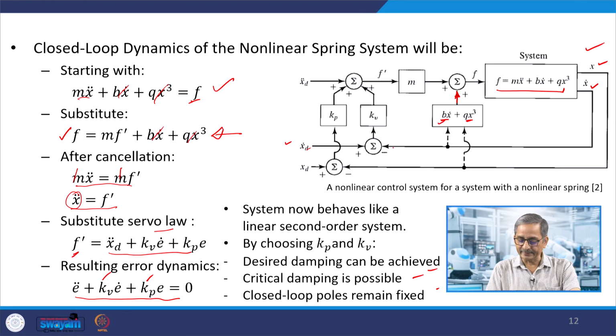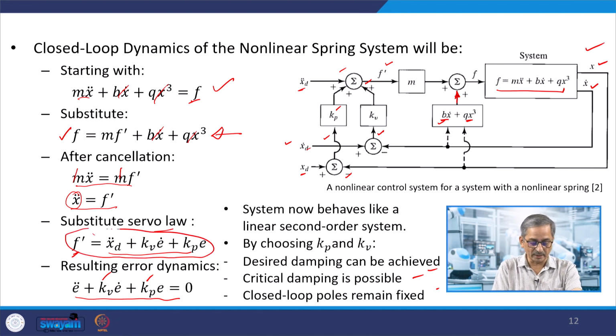So, I get the error here, multiply it with the kv, that is the gain, add up here. Similarly, I get xd here, x here, subtract it, get the error, multiply with gain kp and sum them here with xd double dot. So, this is what I get as f dash. Okay. So, it is this f dash which I get over here.